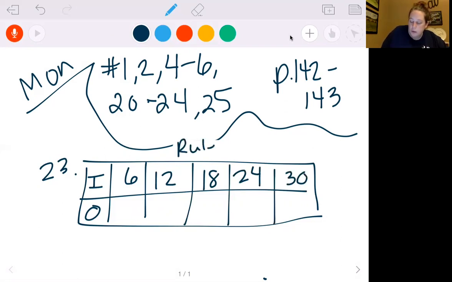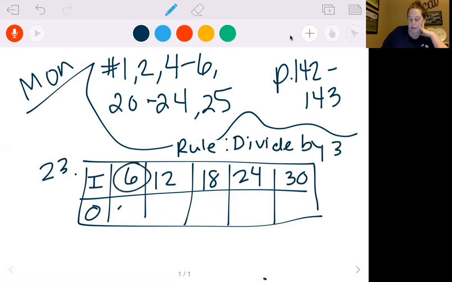And the rule is divide by 3. So I'm going to take my input, 6 divided by 3, and I get 2. 12 divided by 3 is 4. 18 divided by 3 is 6. And then you keep going, okay? So that's going to be what you do for 23 and 24.